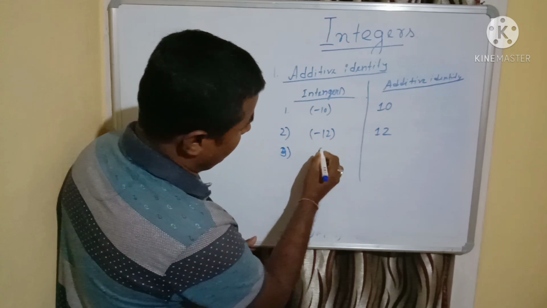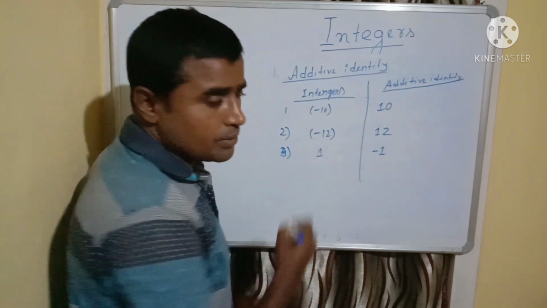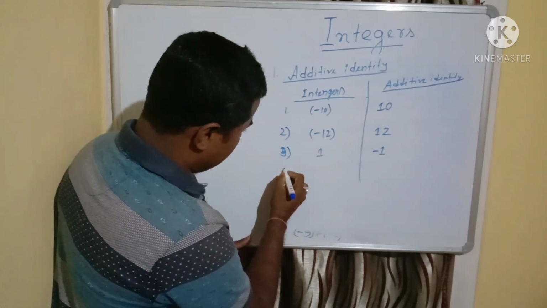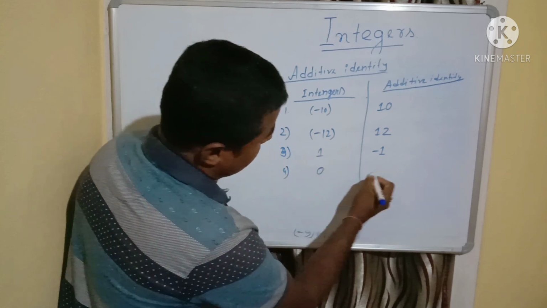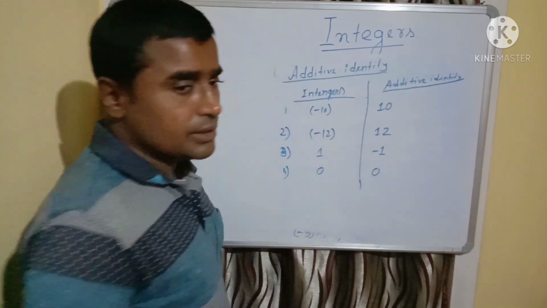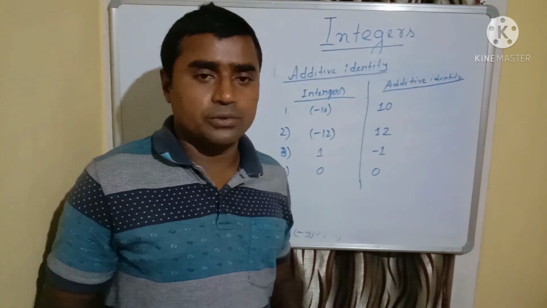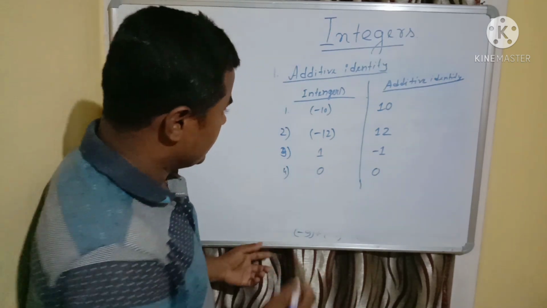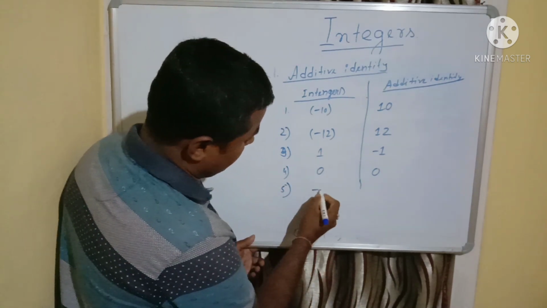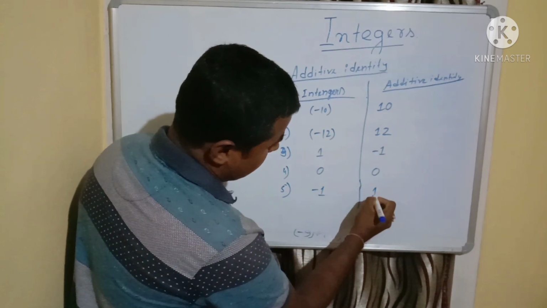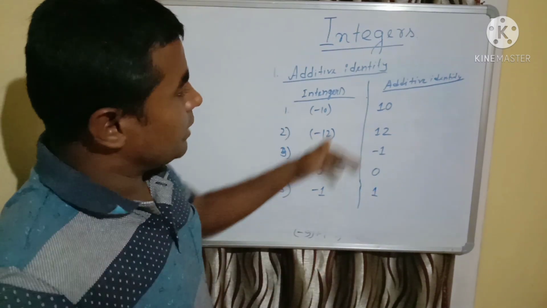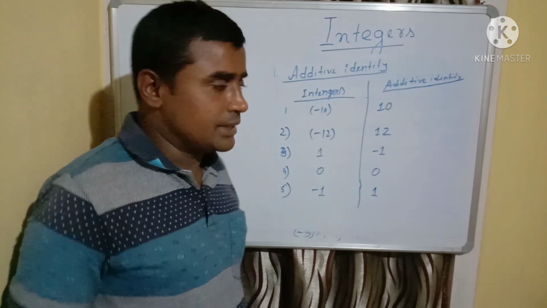Additive identity of 1 is minus 1. And additive identity of 0 is 0, because 0 is neither positive nor negative. Similarly, additive identity of minus 1 is plus 1. So in this way you can find the additive identity of integers.